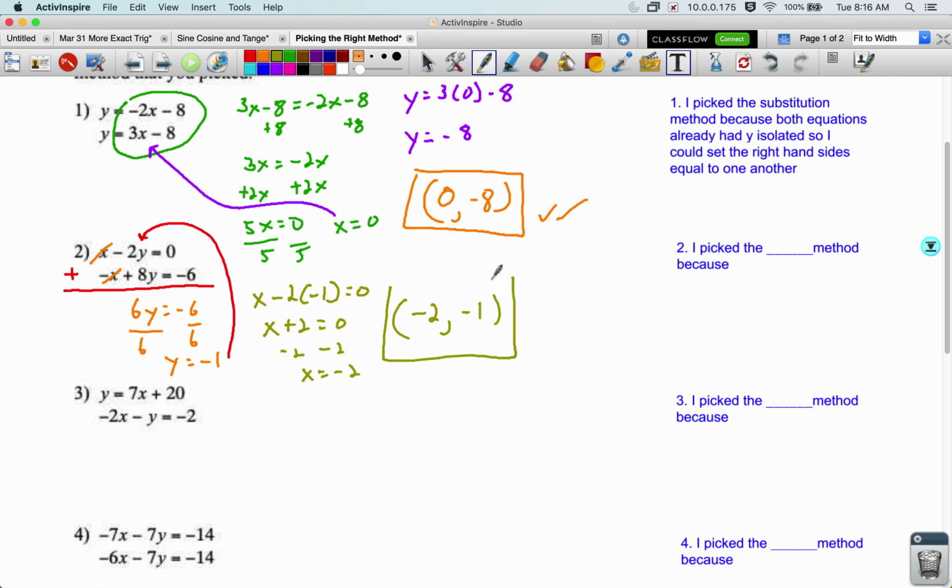Double check with the second equation. 2 minus 8 equals negative 6, negative 6 equals negative 6. It checks out.